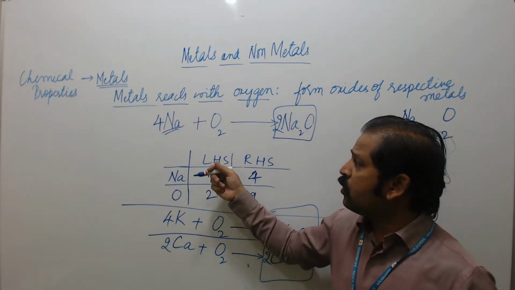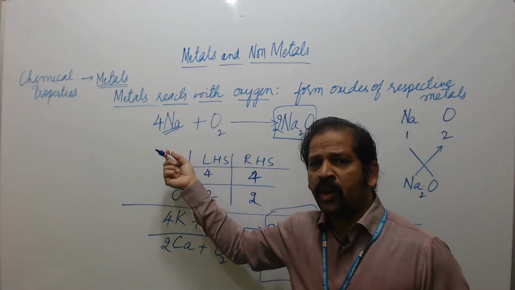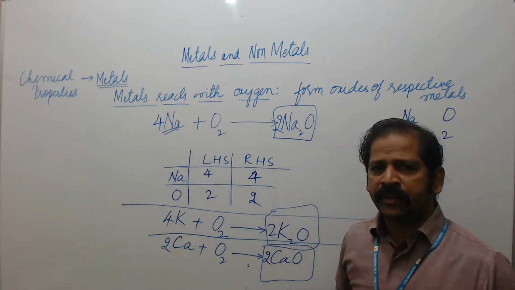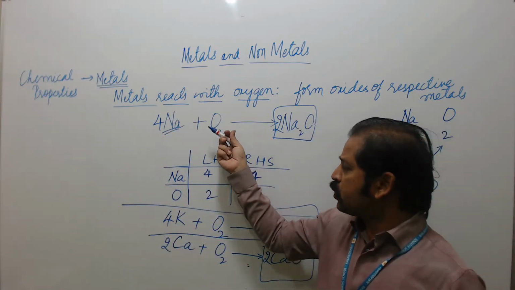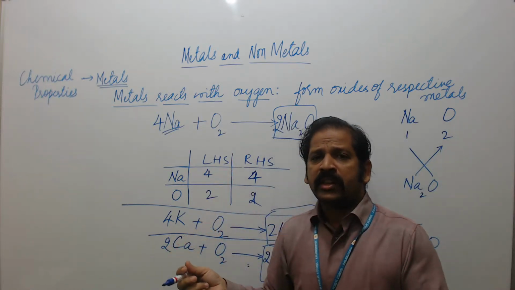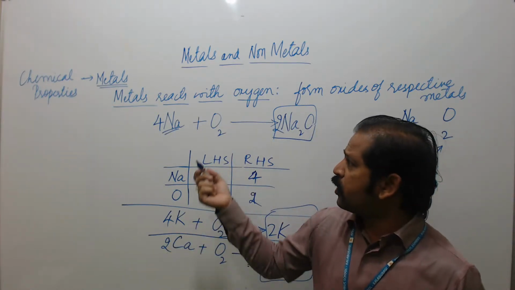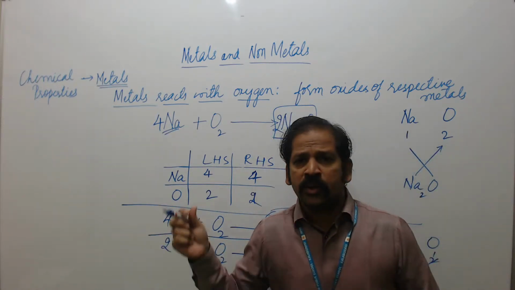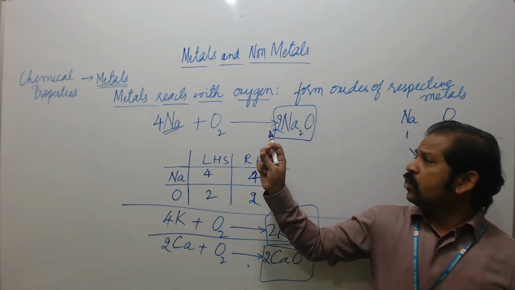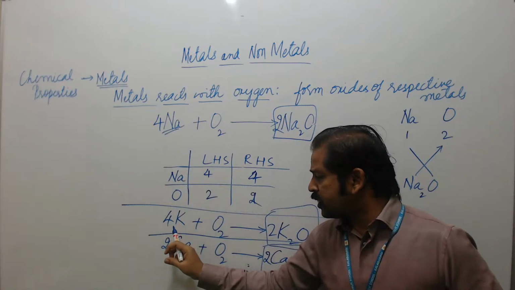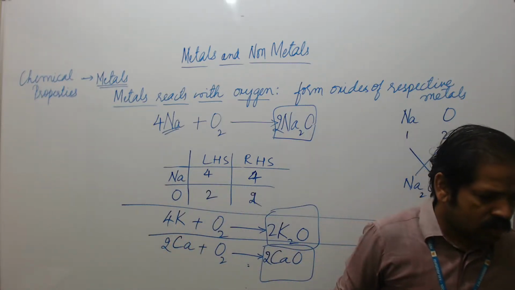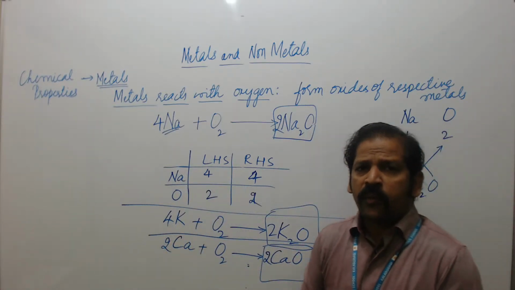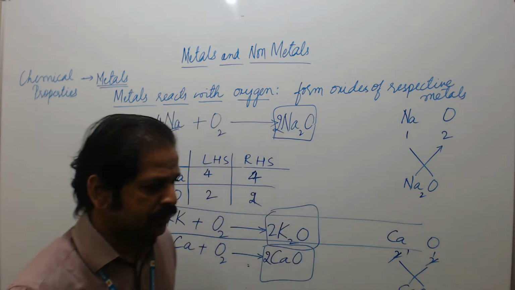Which is highly reactive, which is medium reactive, which is least reactive, will be identified here. Compared to sodium, potassium reacts immediately. These are the changes we are going to see. Sodium, potassium, and calcium. Now we'll go for the next elements.